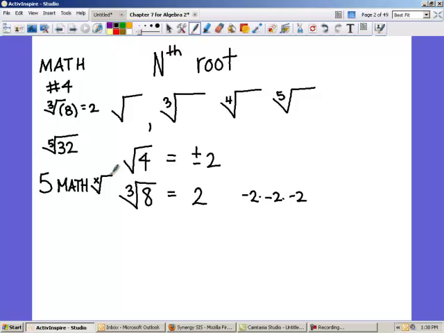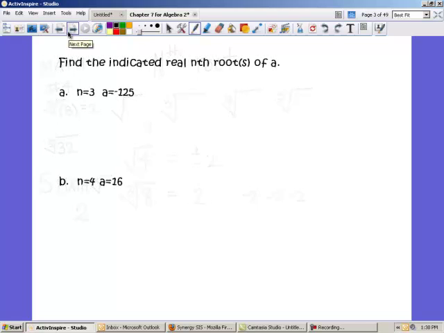Make sure your parentheses are correct. I don't believe they even give you a set of parentheses for this one. If you just push enter, you get an answer of 2. Alright, so that's kind of what we're going to be discussing.